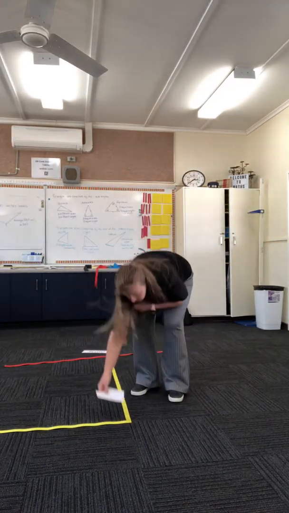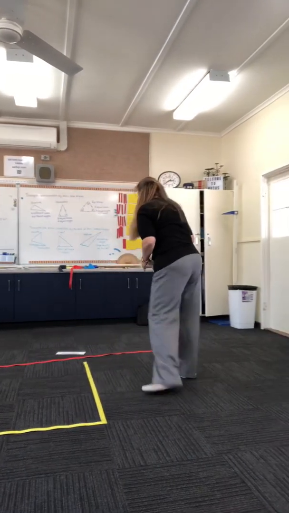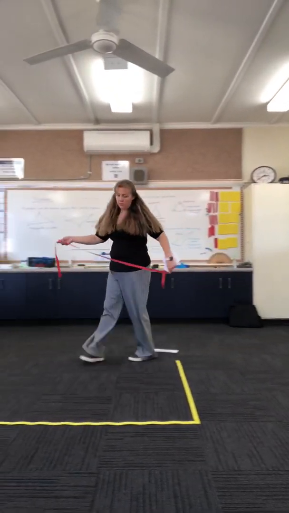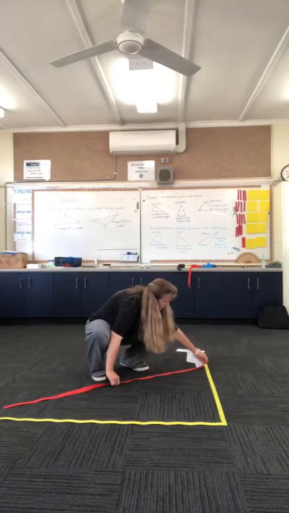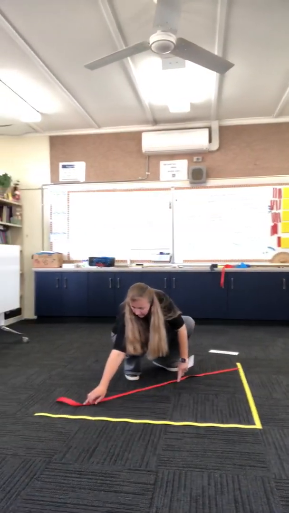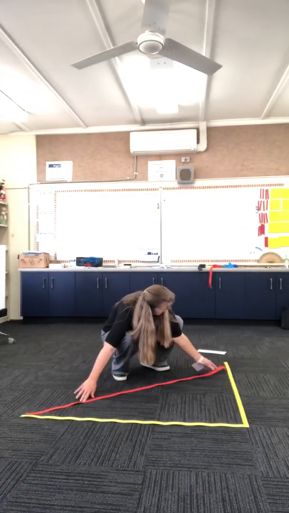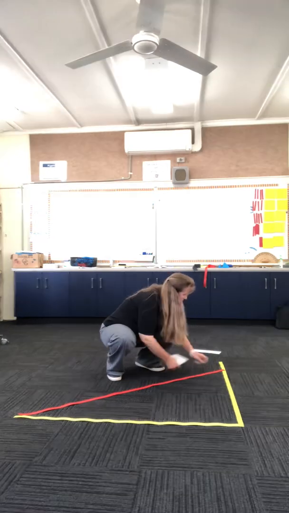We can check it. There we can see it's a right angle. And then I need my other side length. I'm not sure this is going to be long enough. What I might do is shift it down a little bit on one side. Okay, there you go.